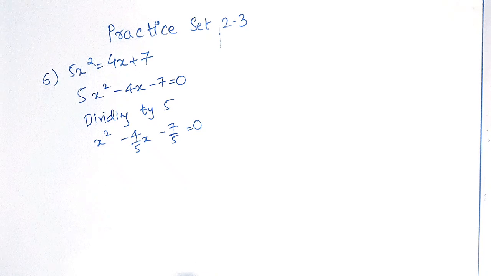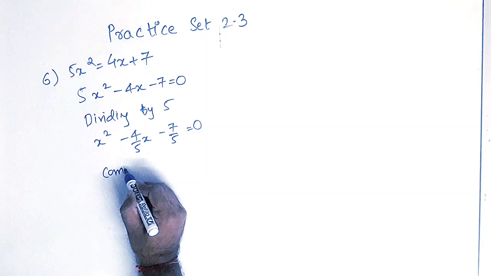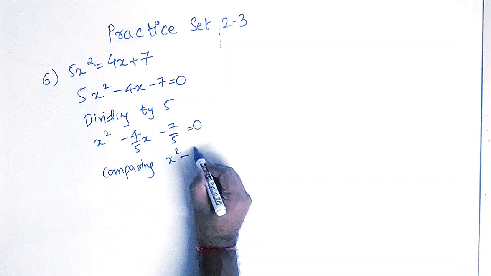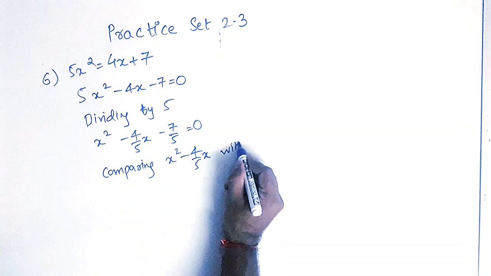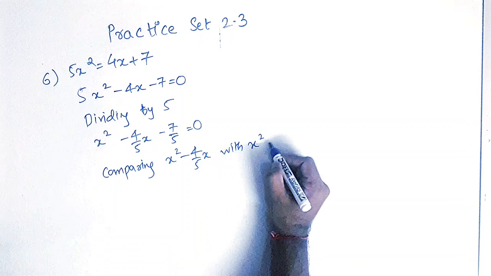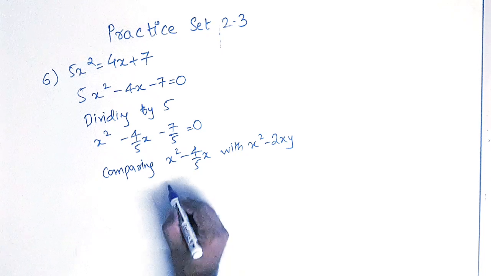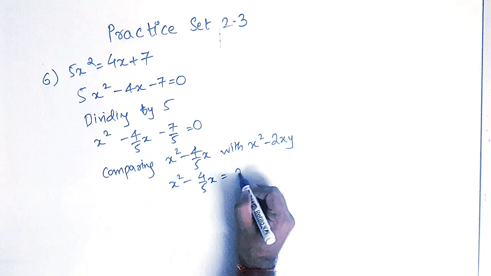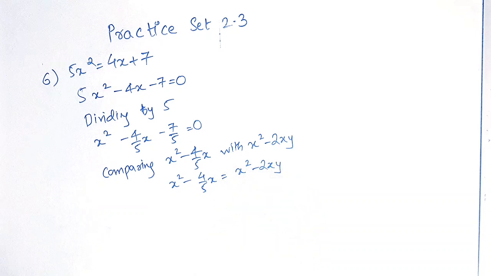Okay, now you know children what we have to do. Now comparing x square minus 4 by 5x with x square minus 2xy. So let us compare. x square minus 4 by 5x equals to x square minus 2xy.